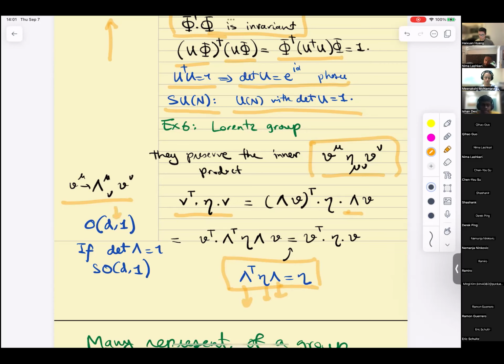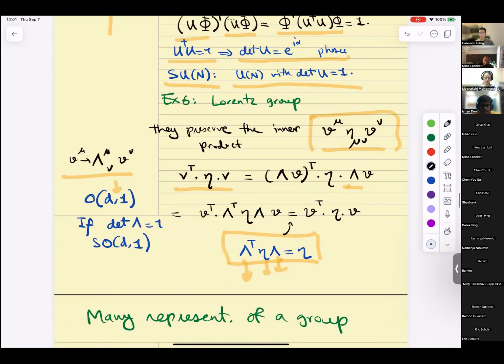This comma 1 is there to just remind us that the metric is basically diagonal and proportional to identity, except that the sign of one of them is different. It's not too much of a stretch of imagination to imagine this group where you're preserving a metric which has m plus signs and n minus signs.